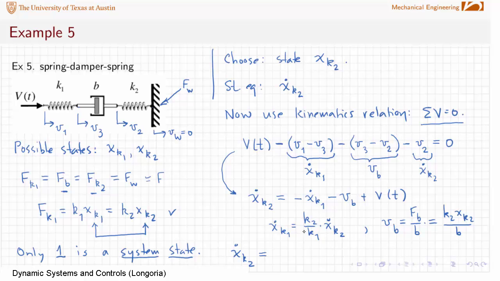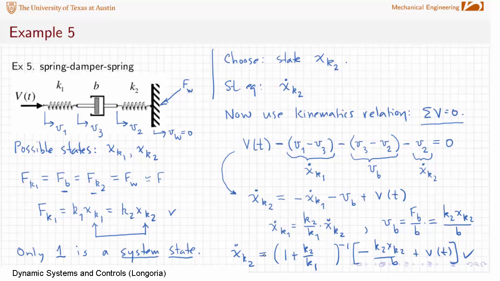What you have to do is take this term here, move it to the left side, gather terms, and then divide through by quantities. What you'd end up getting is something that looks something like this. That's just a constant. And you'd have this term here, minus k2 over b times xk2, plus v of t. That's your final state equation.